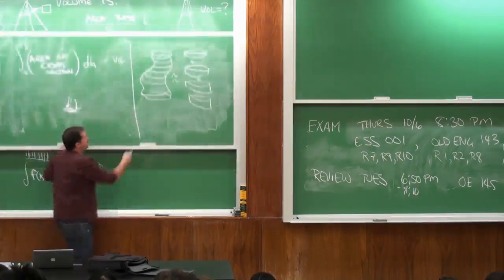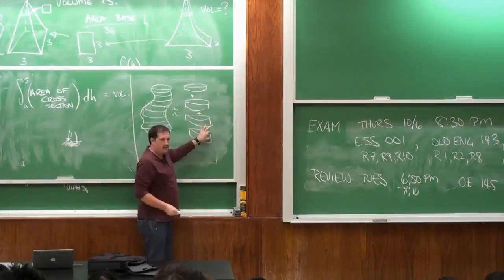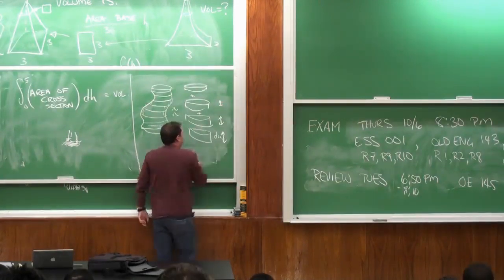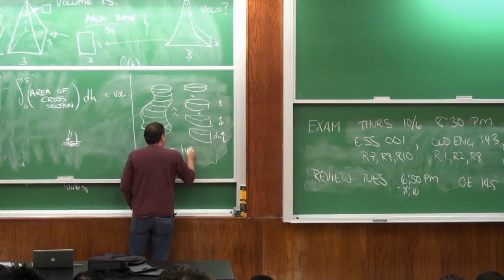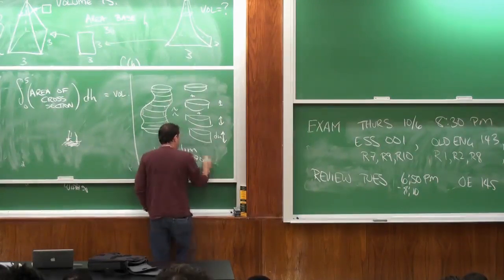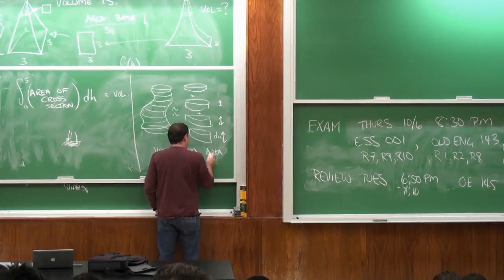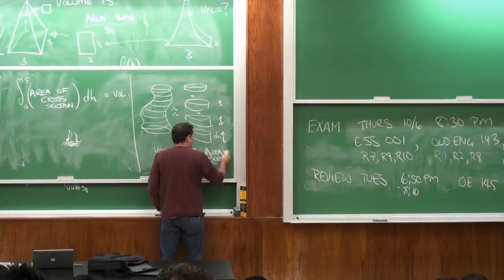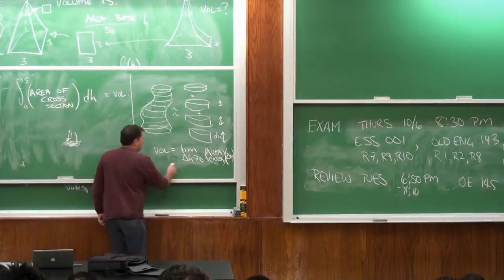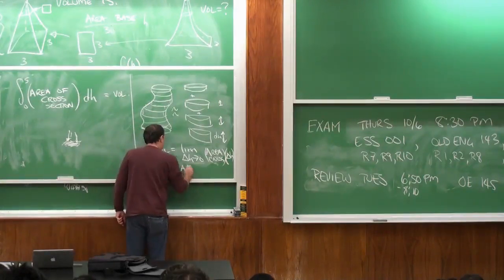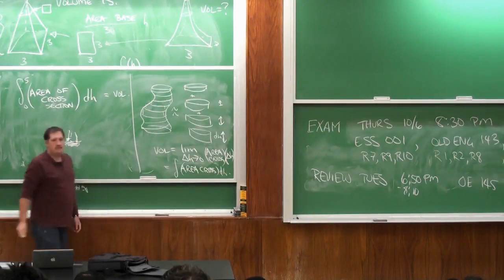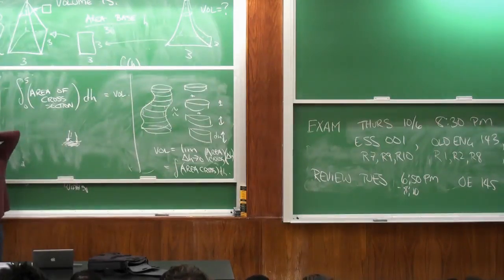The volume is the limit as the delta height goes to 0 of the area of the cross section times the height. Well, this is an integral. This is exactly the same thing that we've been doing all along.